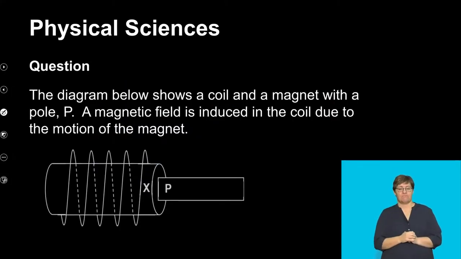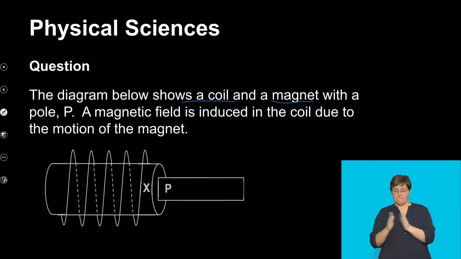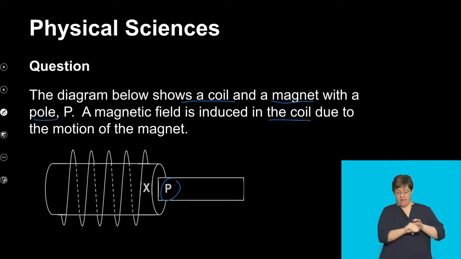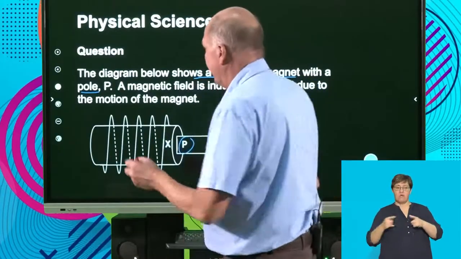So here is a situation which says we've got a diagram below that shows a coil and a magnet with a pole P. So there's the magnet, and it has a pole P. A magnetic field is induced in the coil due to the motion of the magnet. So the magnet is moving relative to the coil, and we're needing to find out some things about it.